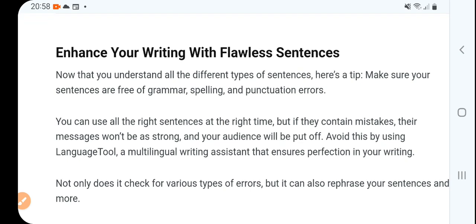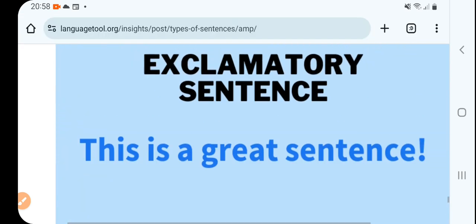Now that you understand the different types of sentences, here we have seen 4 types of sentences.